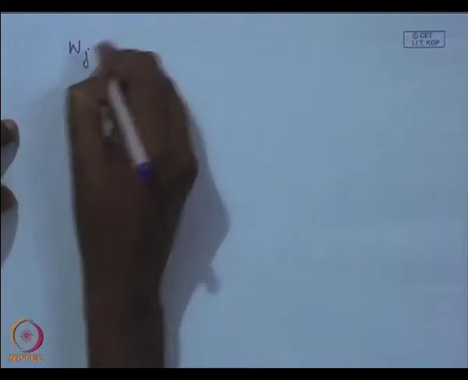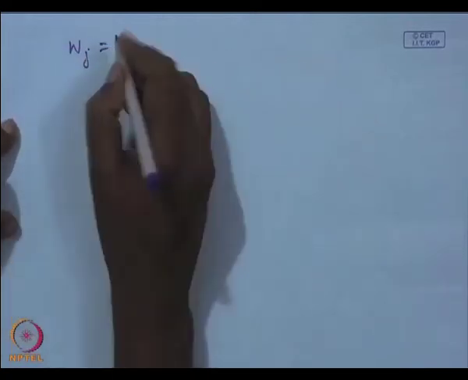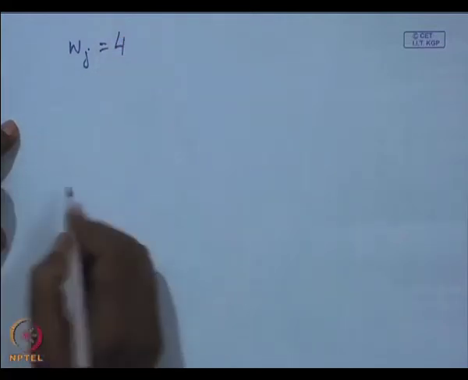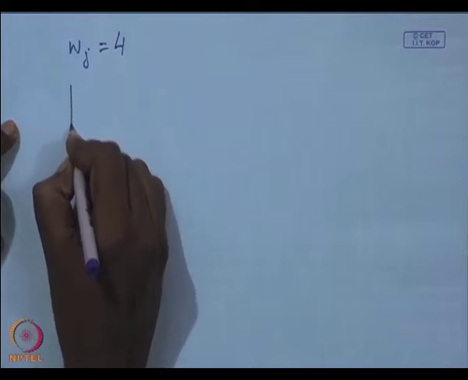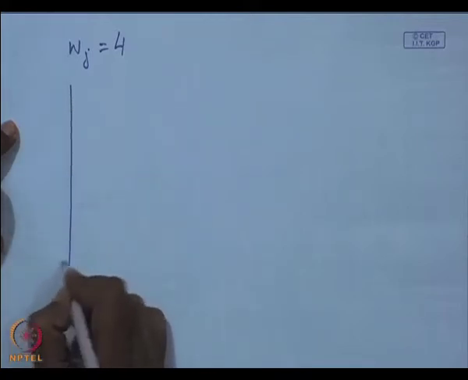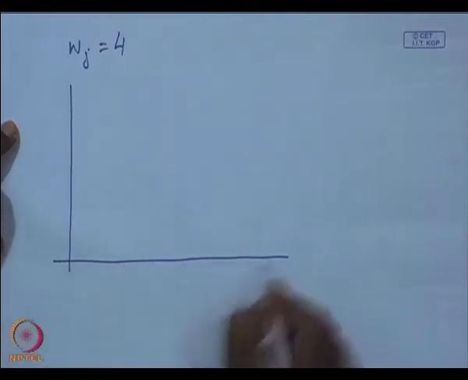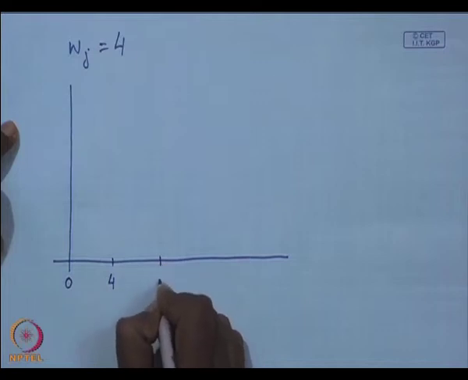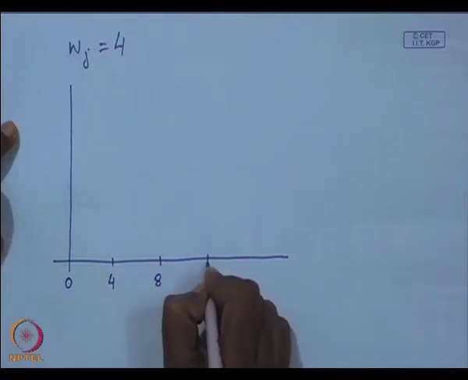So, now let me assume that I have bin width W j, which is equal to say 4, and that is same for all j. So, the situation that I have is something like this: 0, 4, 8, and the next bin boundary is 12.